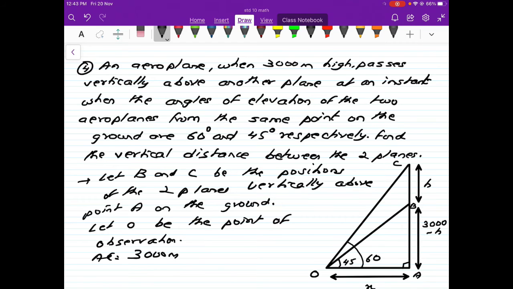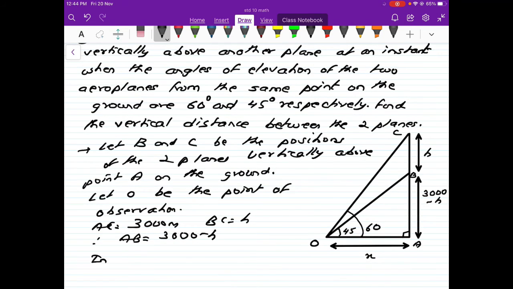So this is 3000 meters, and let BC, the distance between the two planes, be H meters. Therefore AB is equal to 3000 minus H.